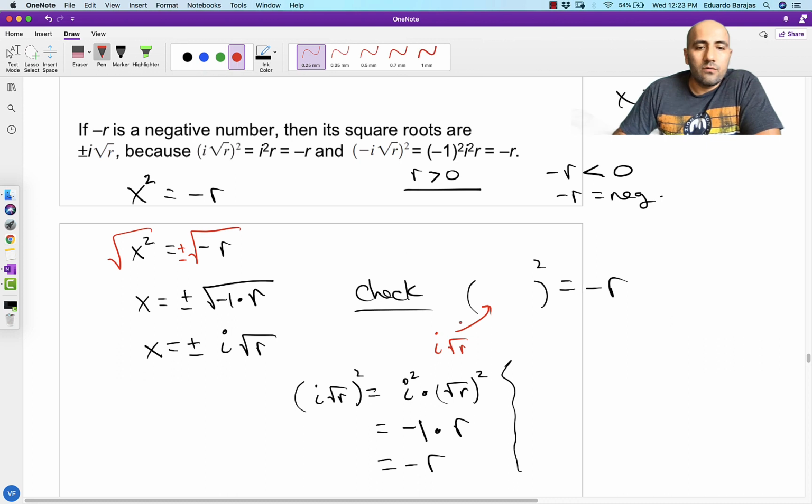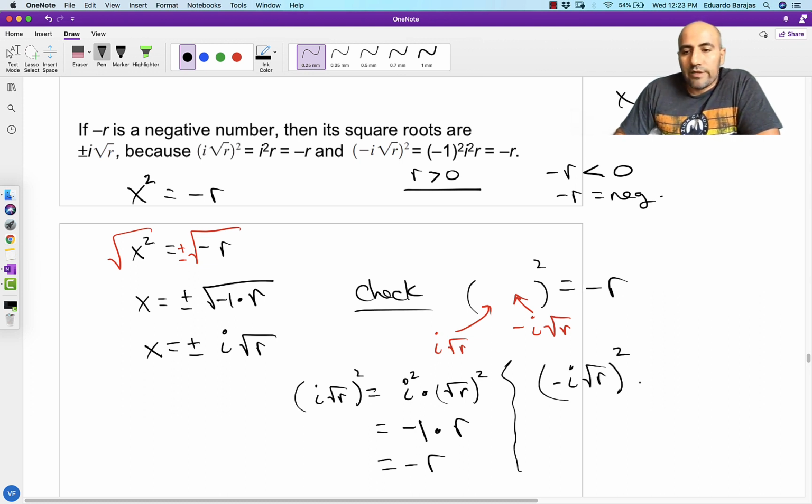And we also know that negative i square root of r also works. So let's try it. Let's check it. If we try negative i root r squared, of course, we're going to get a negative 1 squared, and then we're going to get an i squared.